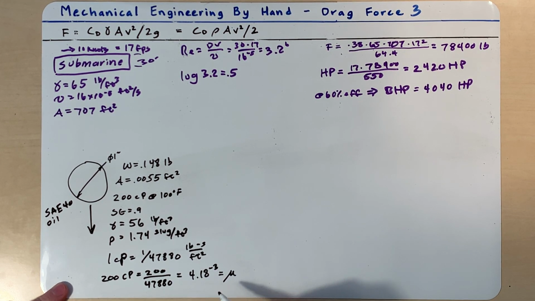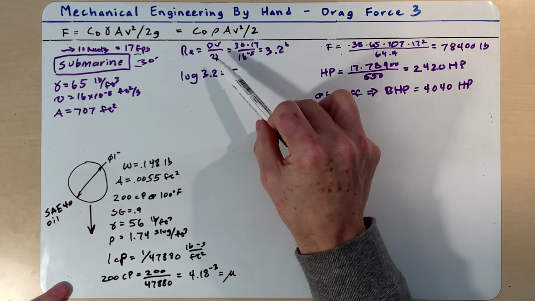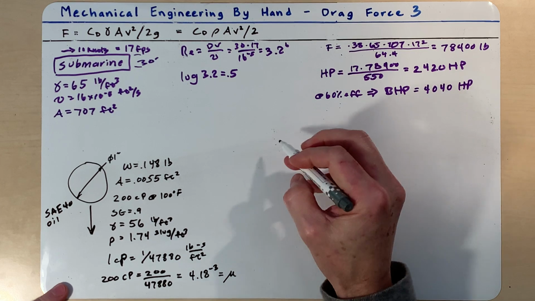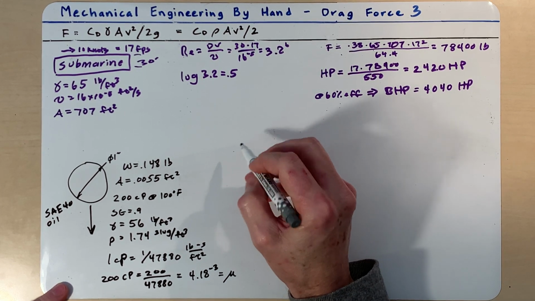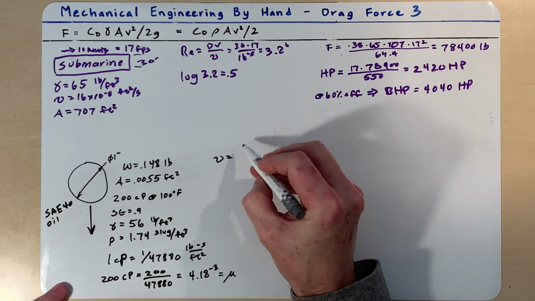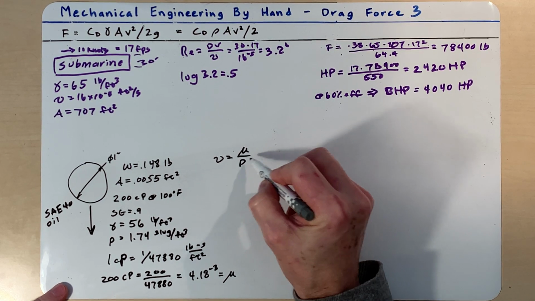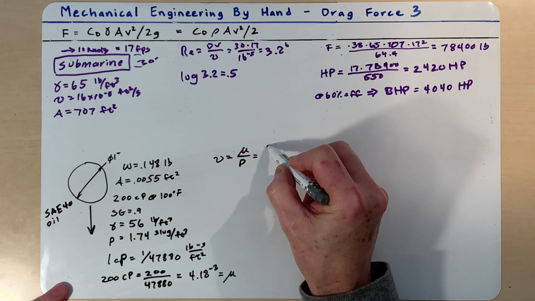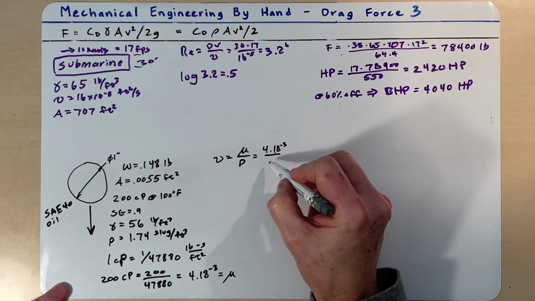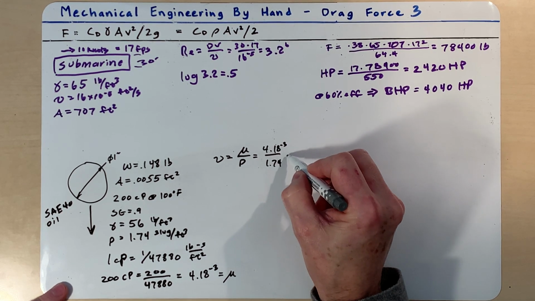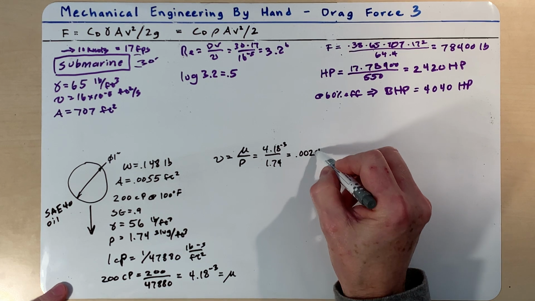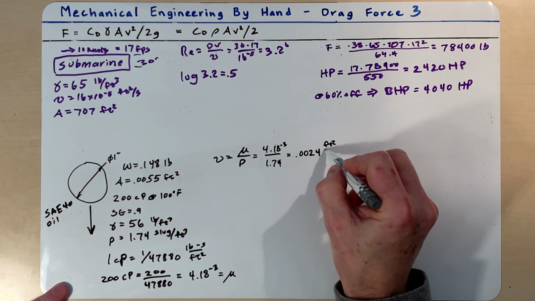But to calculate Reynolds number, I like to use the kinematic viscosity, so we'll convert to that. Kinematic viscosity is the dynamic viscosity over the density, so that would be the 4.18 to the negative 3 over 1.74, and that equals 0.0024 feet squared per second.